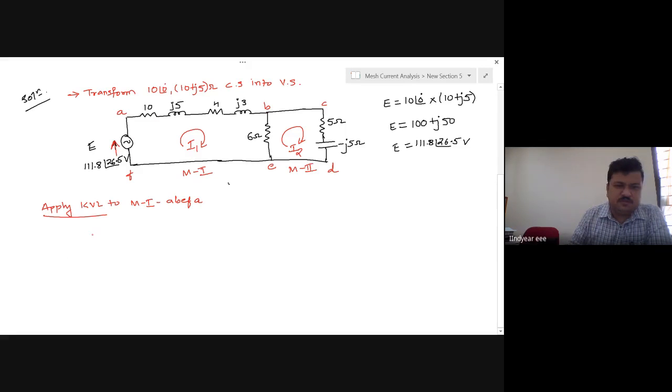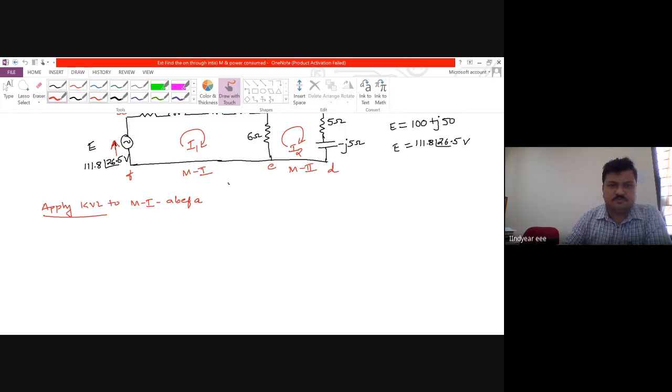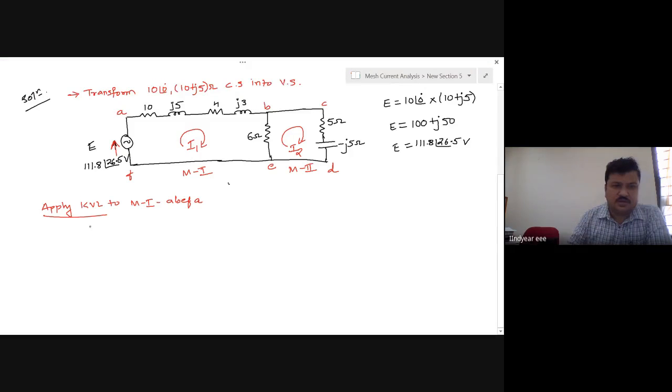So EMF is 111.8 at an angle 26.5 minus (10 plus J5) into I1 minus (4 plus J3) into I1.